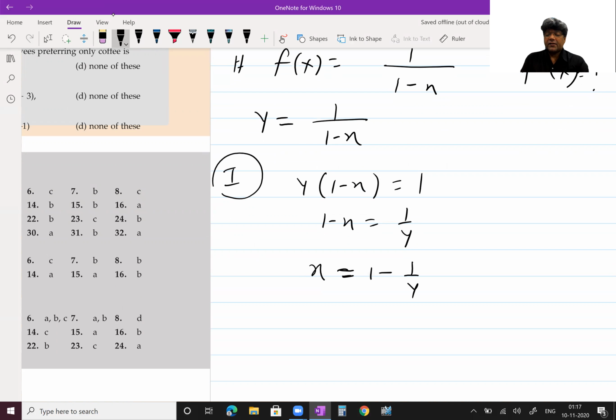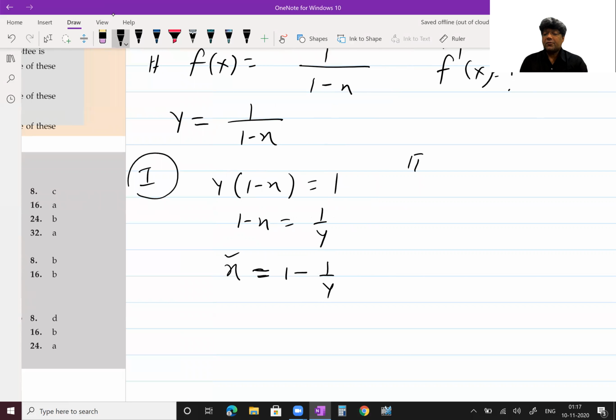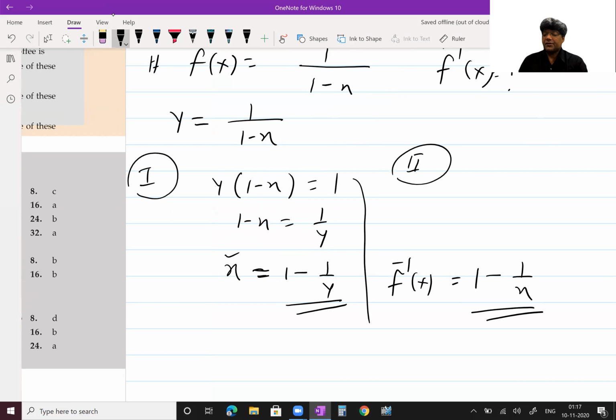See, x has been expressed in terms of y. So step 1 done. Now step 2, what I have taught to you. On the right hand side, replace y by x. If you do that, right hand side will be 1 minus 1 by x. This is your f inverse x.